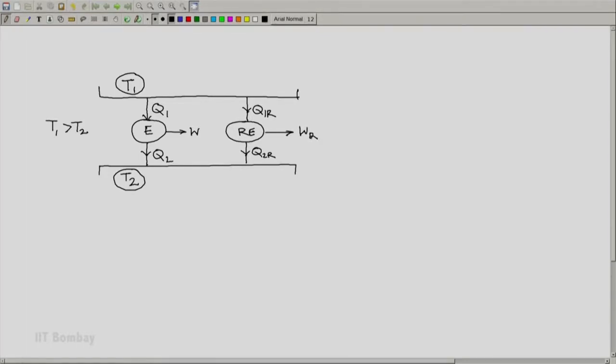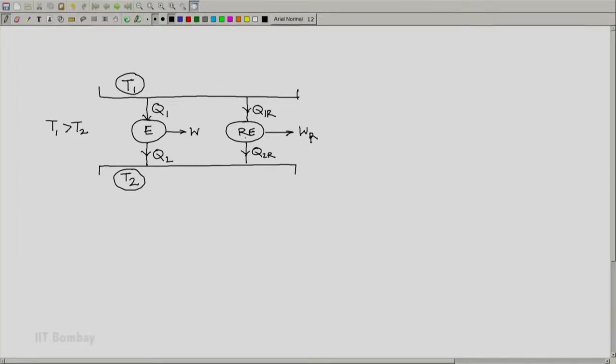What we are going to do is we are going to note that this is a reversible engine. So I am able to run it as a refrigerator as well as an engine.